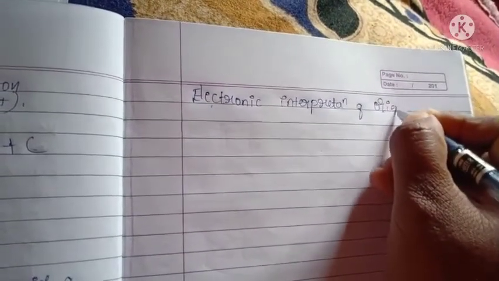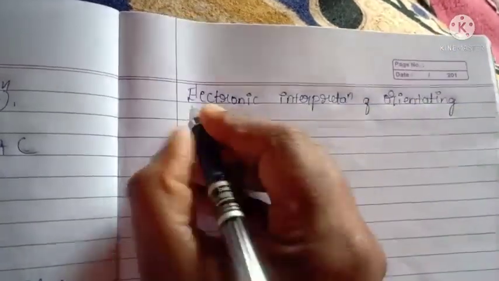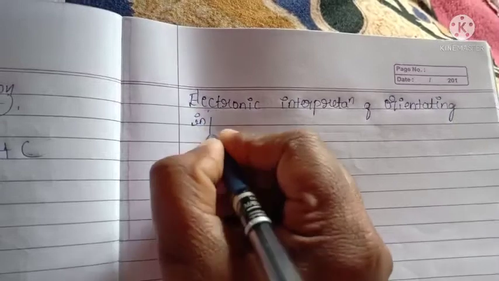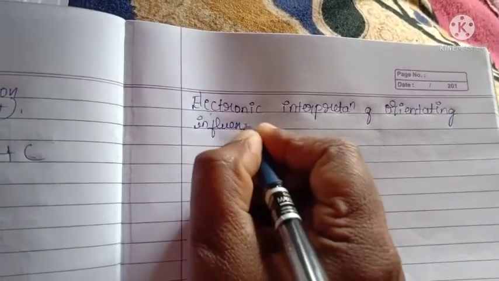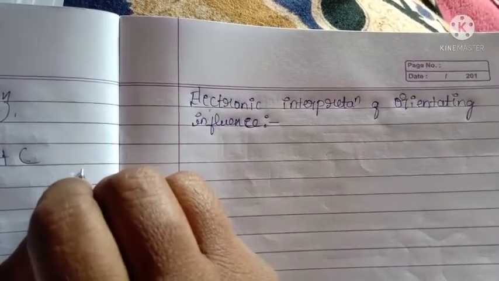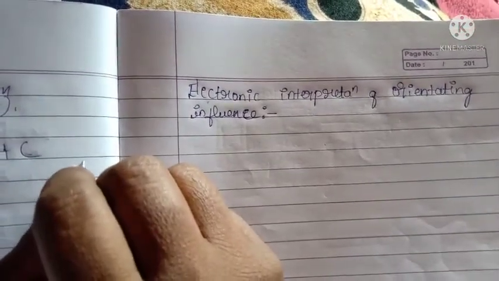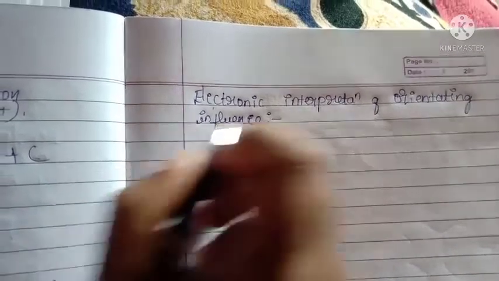orientating influence. It means the electronic species, it might be an electron deficient species or an electron withdrawing species.